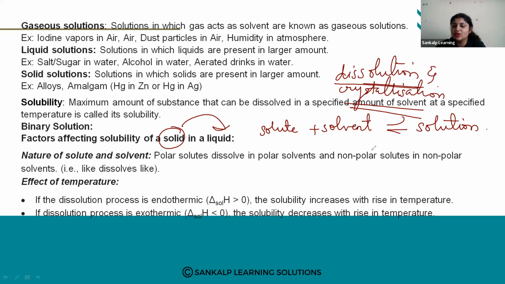Such a solution in which no more solute particles can be dissolved at a specific temperature is one where, after some point, the solute particles you add to the solvent will not get dissolved any more. At that specific temperature, it is called a saturated solution.